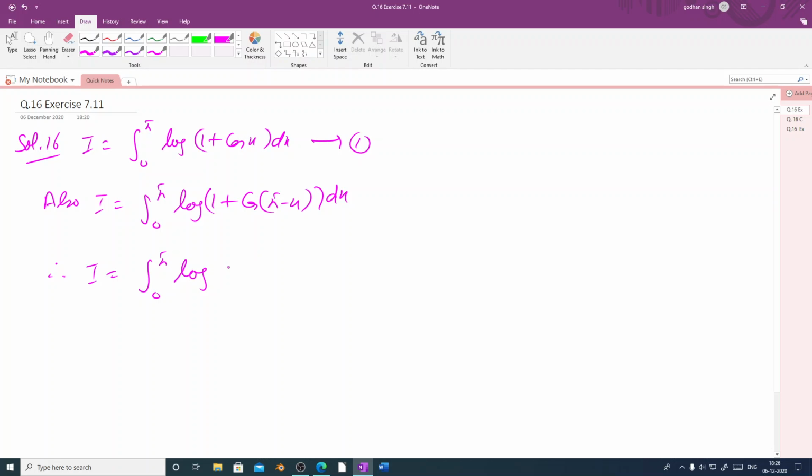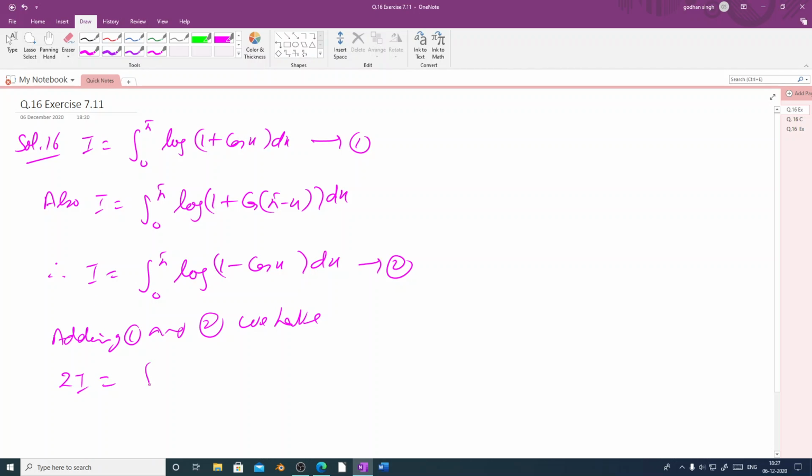So, I equals the integral from 0 to pi of log(1 plus cos(pi minus x)). We know cos(pi minus x) is minus cos x, so we can write this as log(1 minus cos x) dx. Suppose this is equation 2. Now let us add 1 and 2. We get 2I equals I plus I, and the limits are the same, so we can add these two functions.